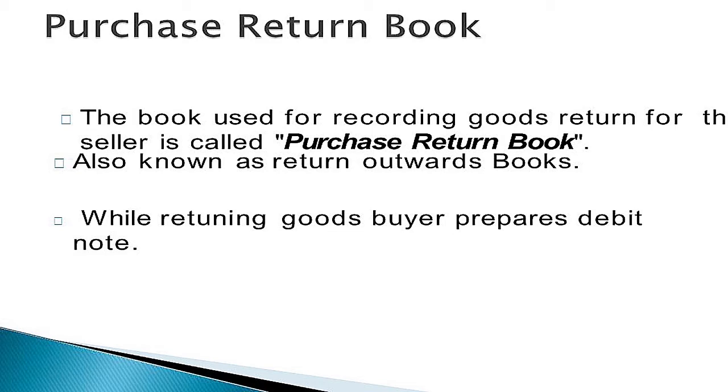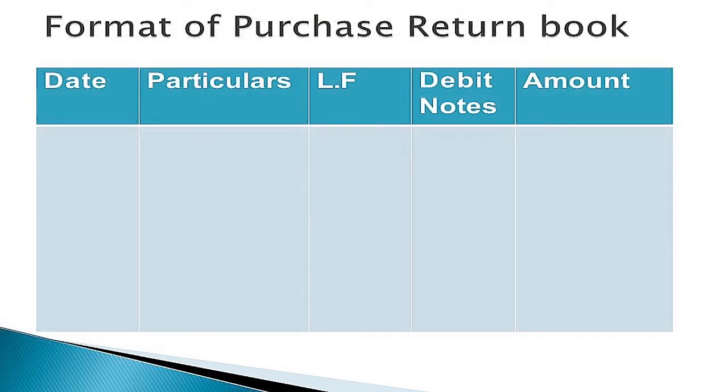While returning the goods, the buyer prepares a debit note. So whatever the purchase returns, the returns outwards, are the debit notes. All are treated as purchase return book or purchase returns. A separate book. The format is the same for the purchases book and purchase return book, but the posting of the entry will be quite different.